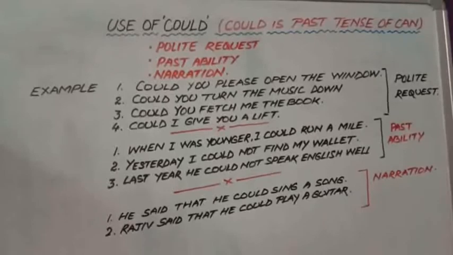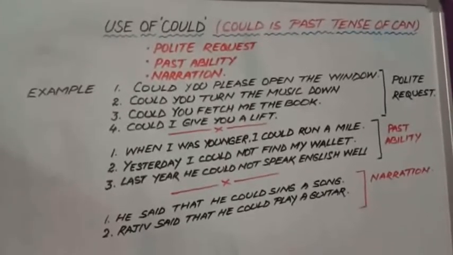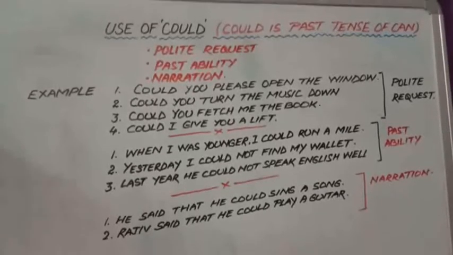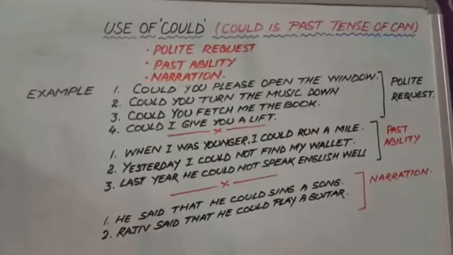When I use the word can, it becomes the ability of the person. There is no polite request in it. So if I need to ask politely, I need to use the word could.